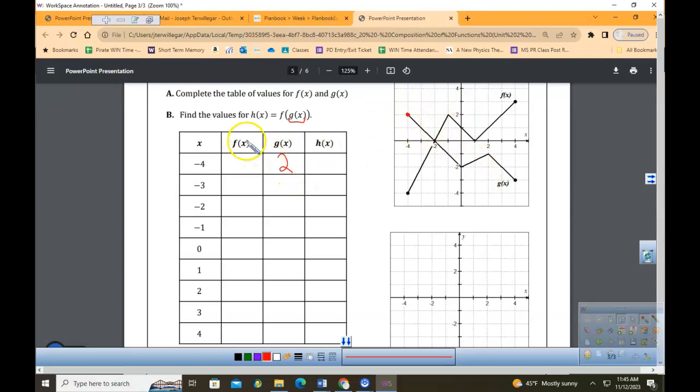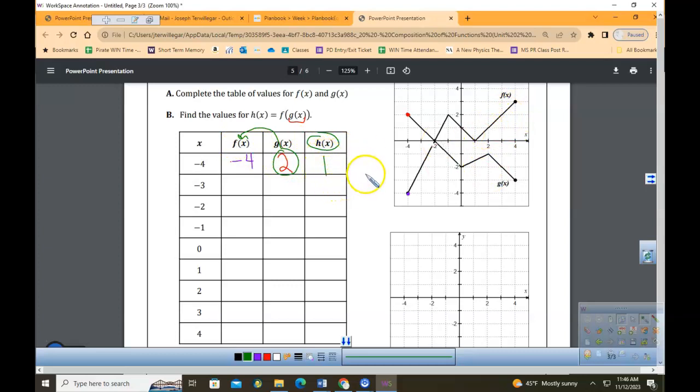And then f of negative 4 is negative 4. I'm just straight plugging the negative 4 into each respective thing. Now for h of x, I take my 2 and plug it into f of x. So what's f of 2? 1. So h of x is 1.